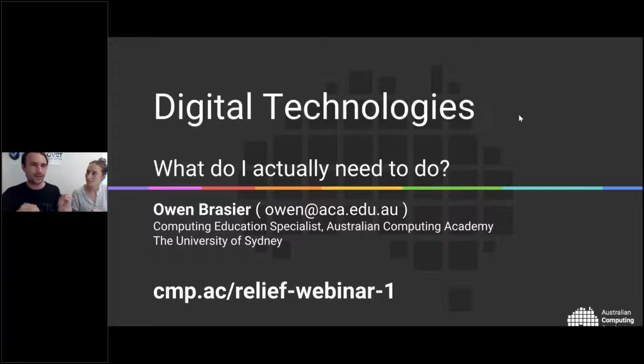So by focusing on the key ideas that underpin all technology, the digital technologies curriculum will be adaptable to any type of technology changes in the future, because we actually don't know what the future is going to hold. And so that is good from a standpoint of focusing on the fundamental ideas and can adapt to changes in technology as they occur.